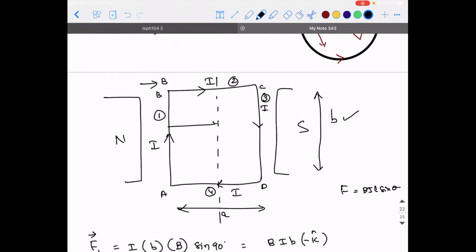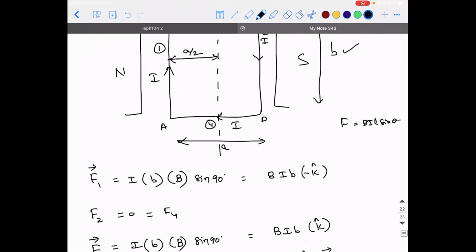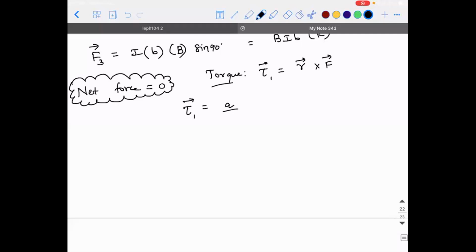So how much is this distance? This distance is A by 2. Okay. So can I write it as A by 2 in the direction of i cap cross F vector, which is how much, guys? BIB in the direction of minus k. Is there anyone having doubt in this step?